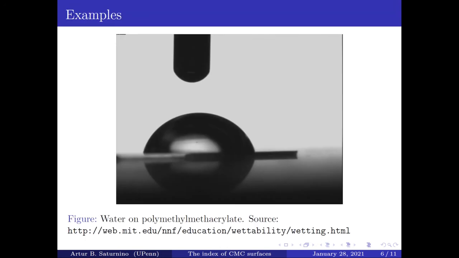Let's go for some examples. The first example I want to bring comes from nature, and that is the interface between gas and liquid state, for example, the surface of a drop of water, when the drop of water is small enough that we can disregard gravity.